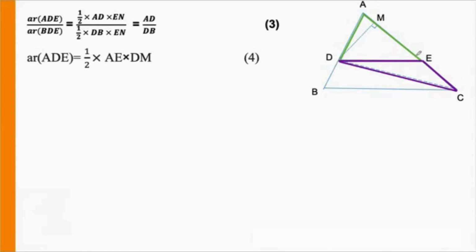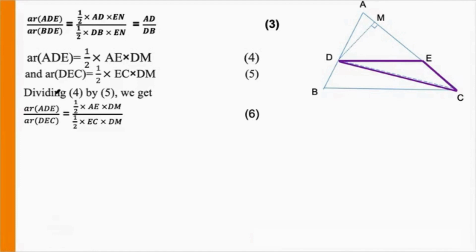Now looking at the bottom triangle DEC, taking EC as our base, since it is an obtuse angle triangle, DM is also the height and it lies outside the triangle. You might have to prolong the line to see the height. So area of triangle DEC is equal to half into EC into DM.